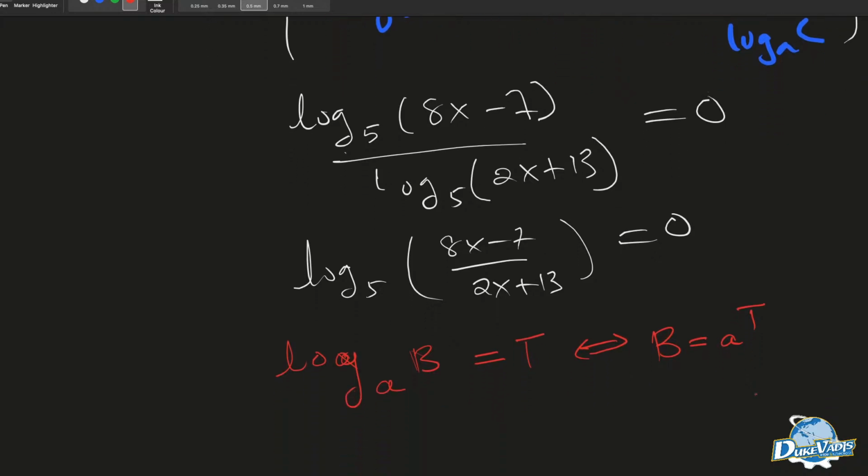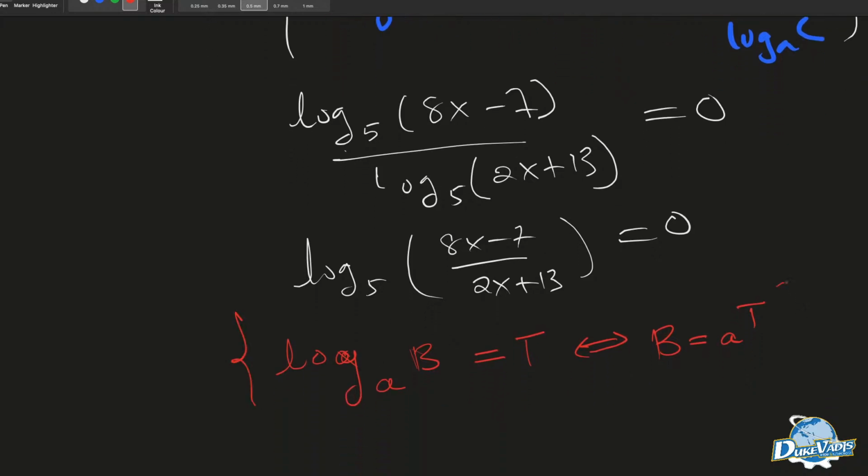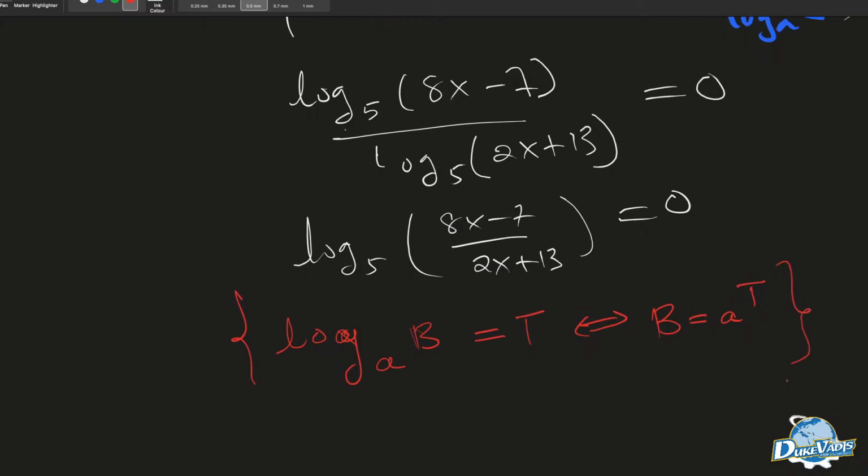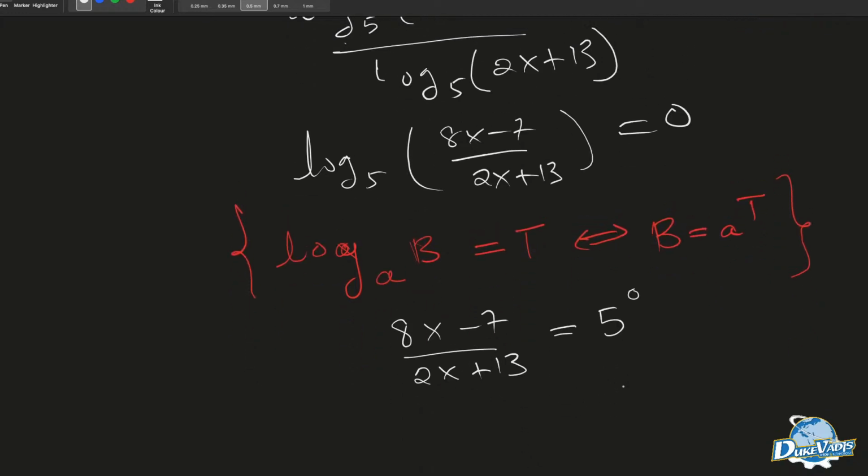Remember, this is another logarithm principle or rule. If we apply that one, then in a simple sense, our equation will be 8x minus 7 all over 2x plus 13 is equal to 5 raised to the power 0. Friends, we know for sure that 5 raised to the power 0 will always be equal to 1.